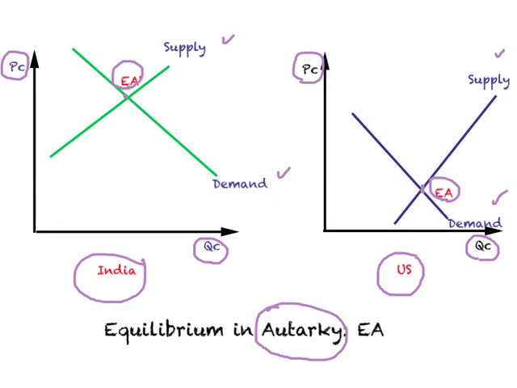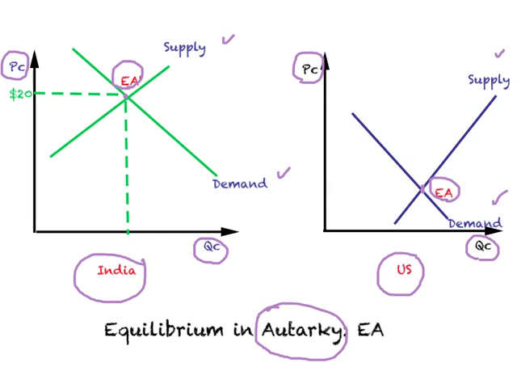Based on this equilibrium, we can figure out how much quantity of clothing will be traded in absence of foreign trade, and what will be the price of clothing in India. Let us assume that the price of clothing in India when we have no foreign trade is, say, $20. So here the equilibrium price of clothing in India is $20.